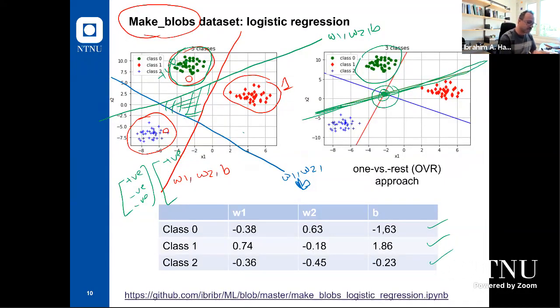Maybe the three lines must intersect in one point here, so we can avoid this region in the middle, and it will be easy for us to make decisions. So maybe all points located between here will be one class, this one will be another class, and this one will be a third class, right?